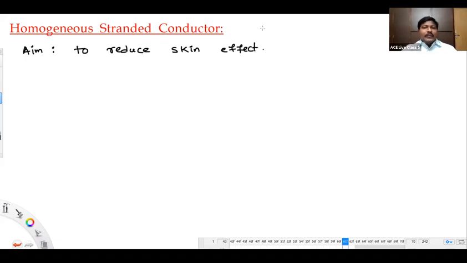As we said in yesterday's class, rather than using a big solid conductor, we are going to manufacture small-sized solid conductors, which are generally called strands. Simply put, it is a number of smaller cross-section strands.